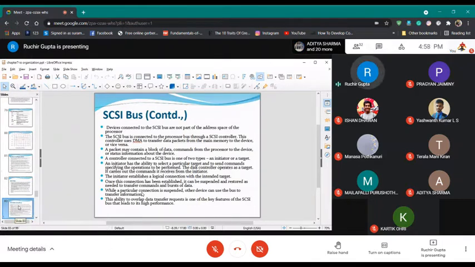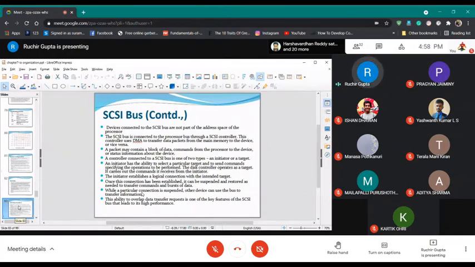SCSI will be doing some other job by the time the disk rotation and all happens, and then again the data transfer will happen. This suspension and restoration helps in performing the data transfer operation and achieving a good amount of speed.